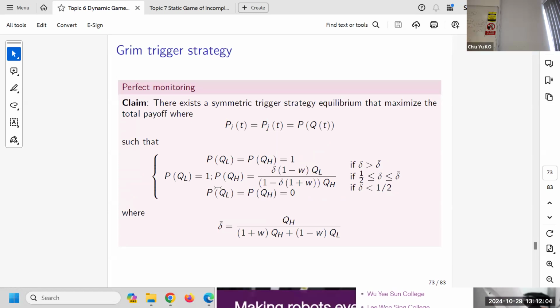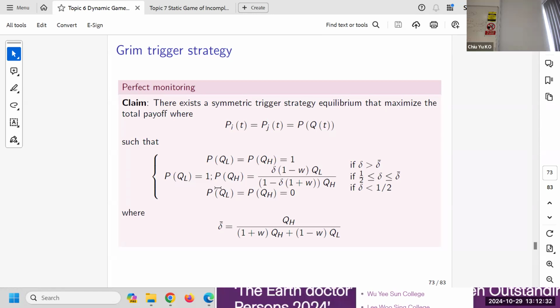You will see the strategy where two firms charge the same price, such that if they're patient enough, of course they can support something nice. No matter good economy or bad economy, they will charge the same price, 1, because consumers are going to pay $1.